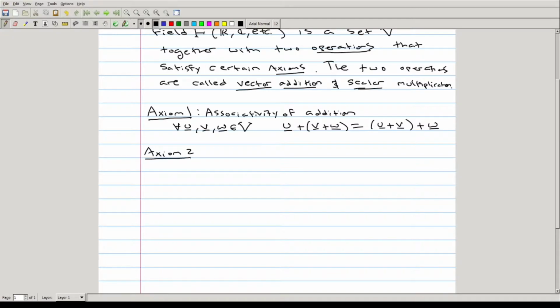Axiom 2 is called commutativity of addition. And it says that for all u and v in the vector space V, u plus v is the same vector as v plus u.